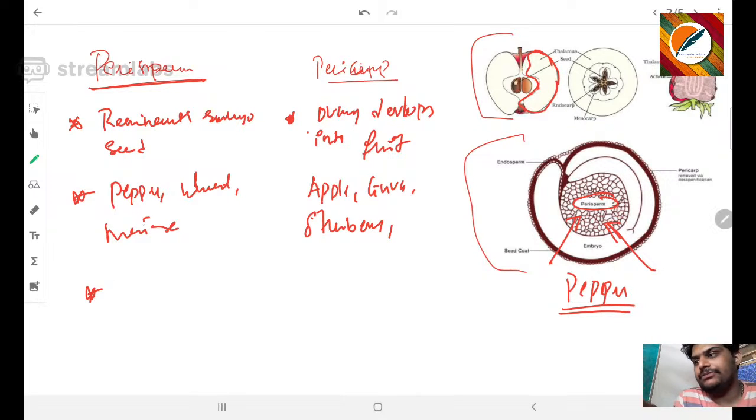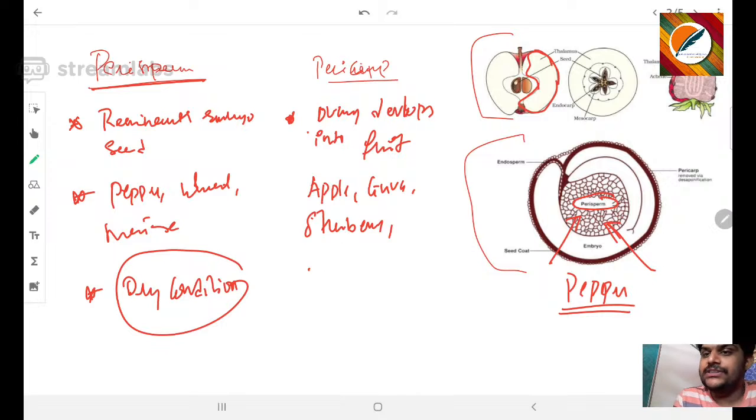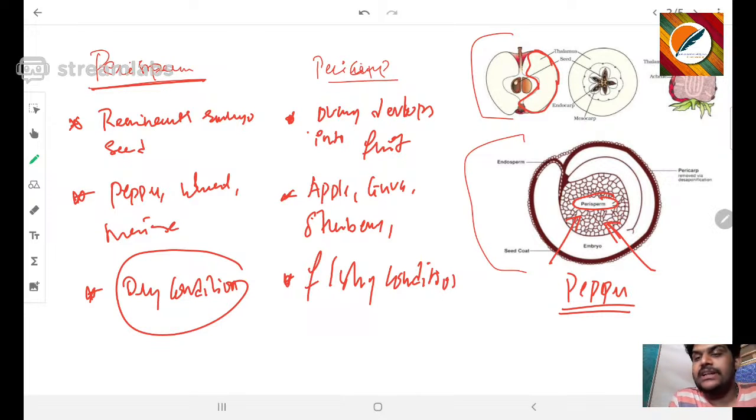And the extra one: perisperm is found in dry conditions, whereas pericarp is mostly seen in fleshy conditions, and some of them are also dry, like mustard and groundnut seeds. So this is the answer for the 11th question: differentiate between perisperm and pericarp.